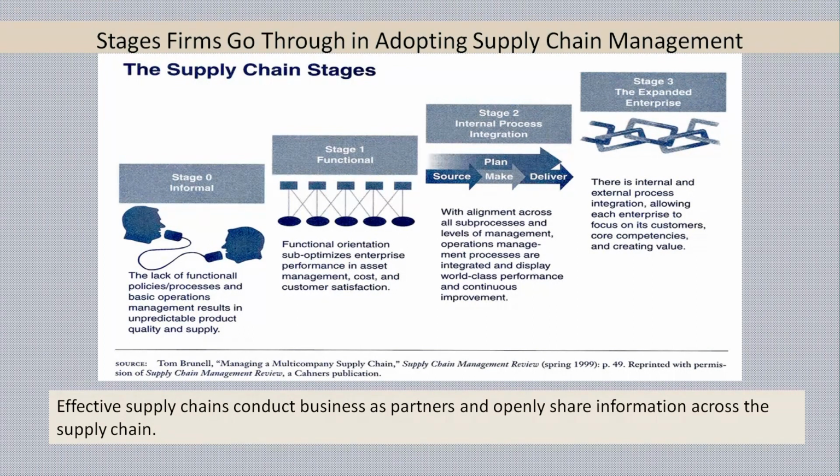Now, the supply chain as we know it today in most organizations, which is on the extreme right hand side, the stage 3, was not always like this. In fact, even today a startup organization or a very small organization operating within a very small ecosystem may actually be at stage 0, which is on the extreme left hand side, because there things happen almost in an ad hoc fashion.